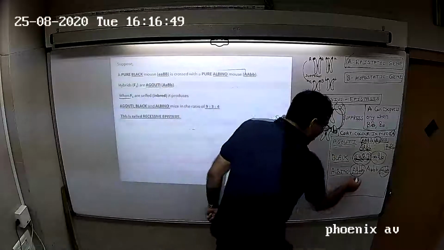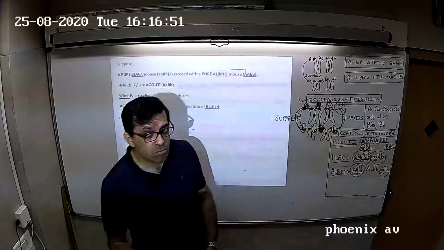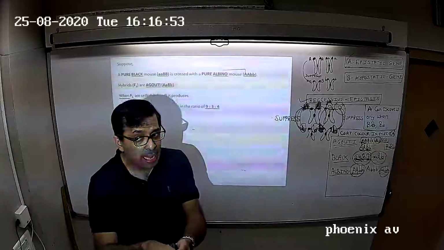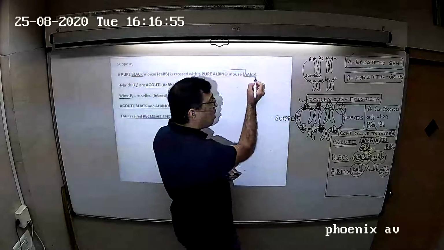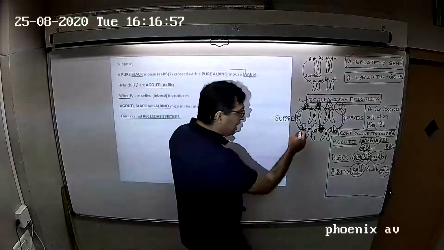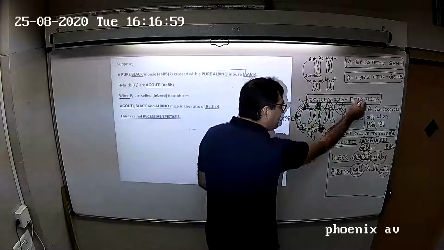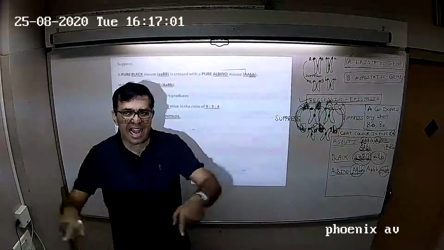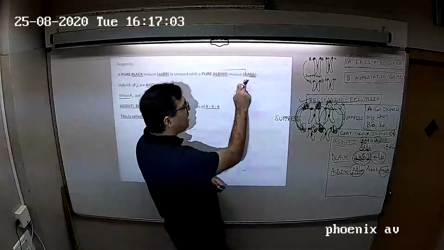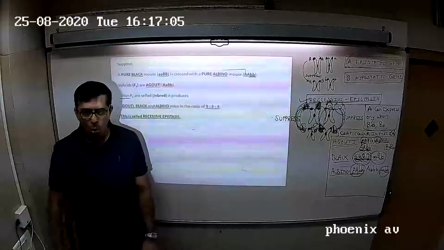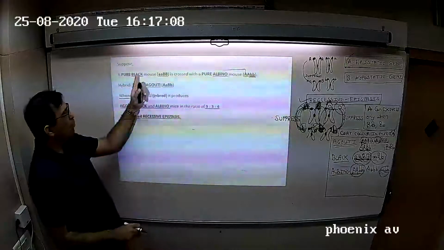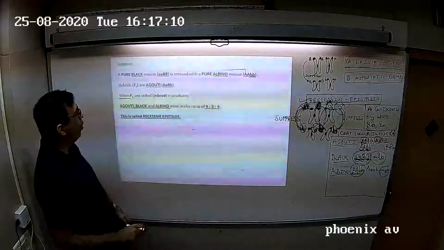Capital A is supposed to form agouti, but small b produces recessive epistasis over capital A. And what will that become? Albino. So these two were crossed, pure black and pure albino.